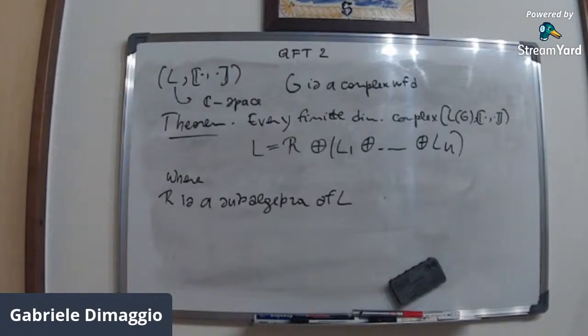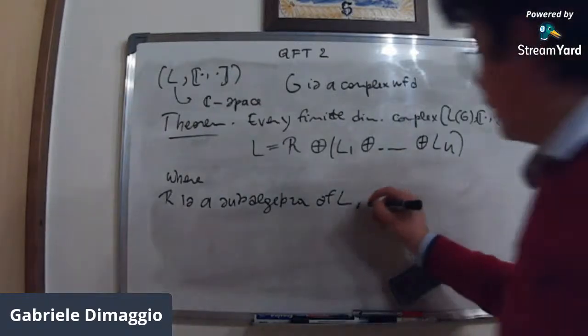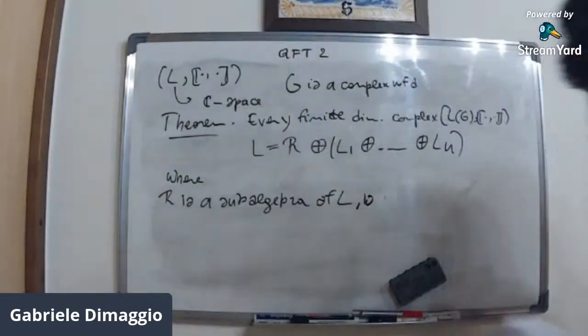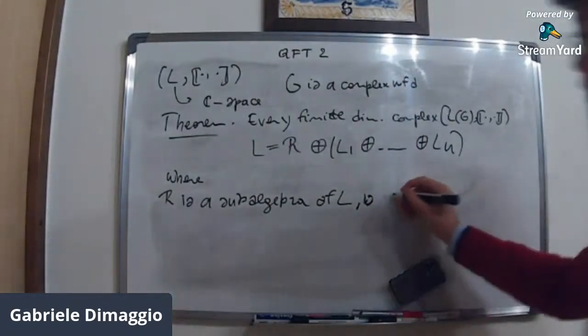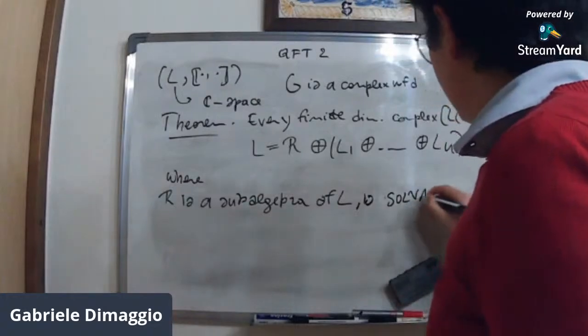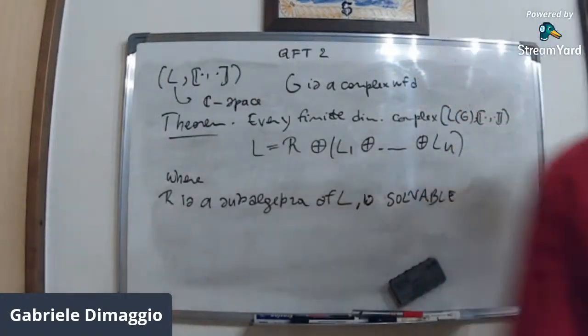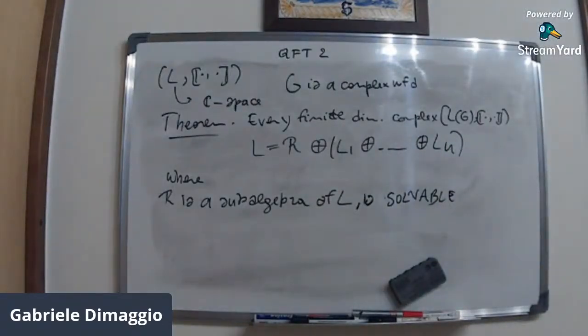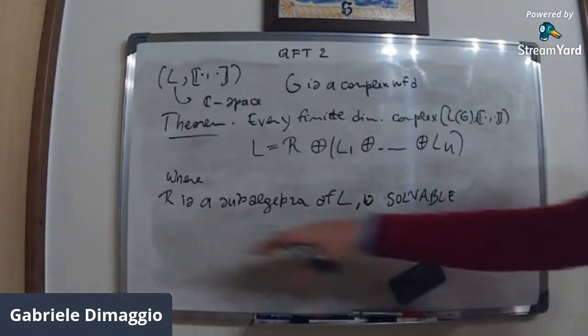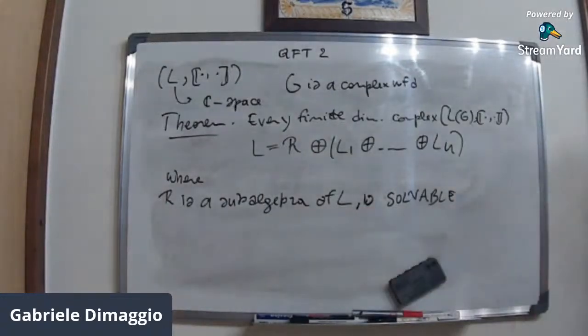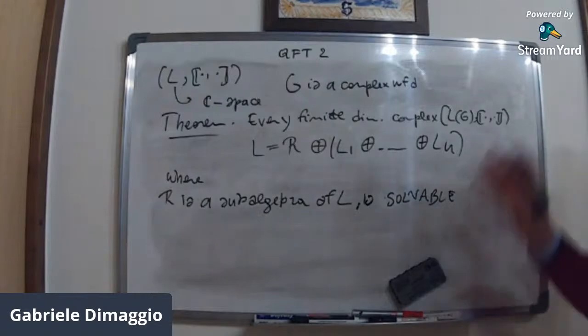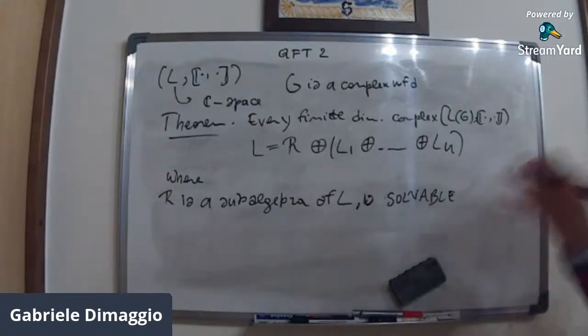Attention: it is solvable. What does solvable mean? A Lie algebra, in this case a subalgebra, to be solvable must satisfy this property.